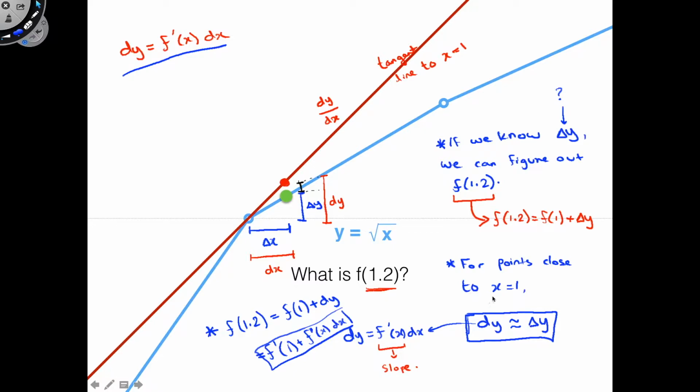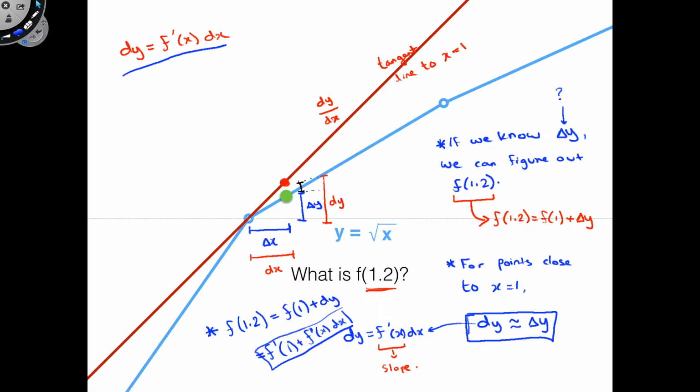And then, how do we find dy? Well, we use the derivative. We say dy equals f prime of x dx. And then once we have that, we can just say that f of 1.2 is going to be f of 1 plus dy. So that's where we're coming from here.